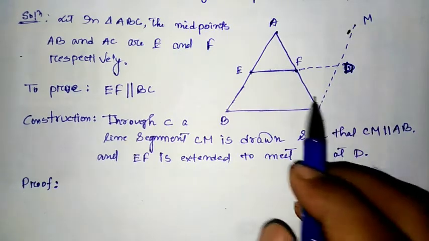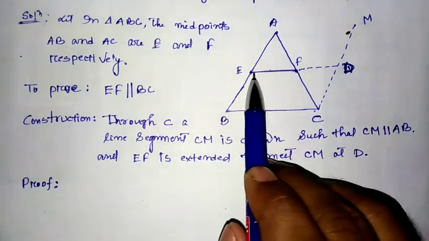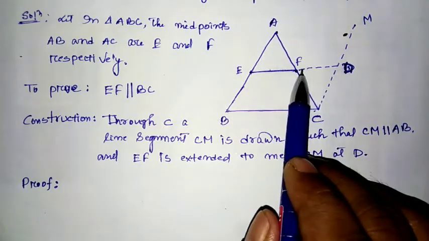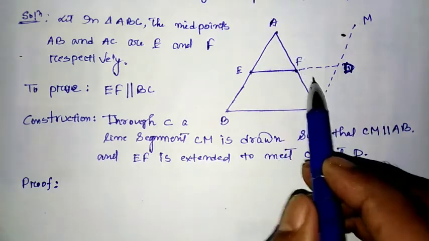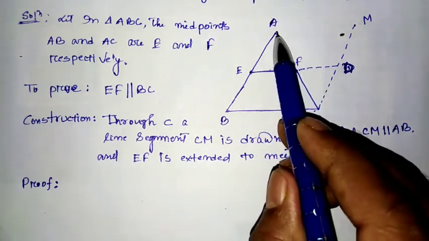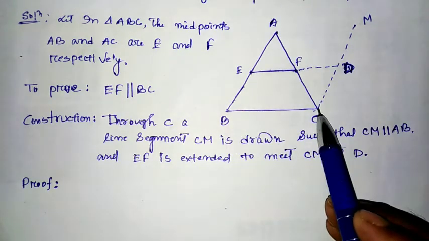Now see, first of all we will consider these two triangles, triangle AEF and triangle CDF. In these two triangles, this line AB is parallel to CM, no?